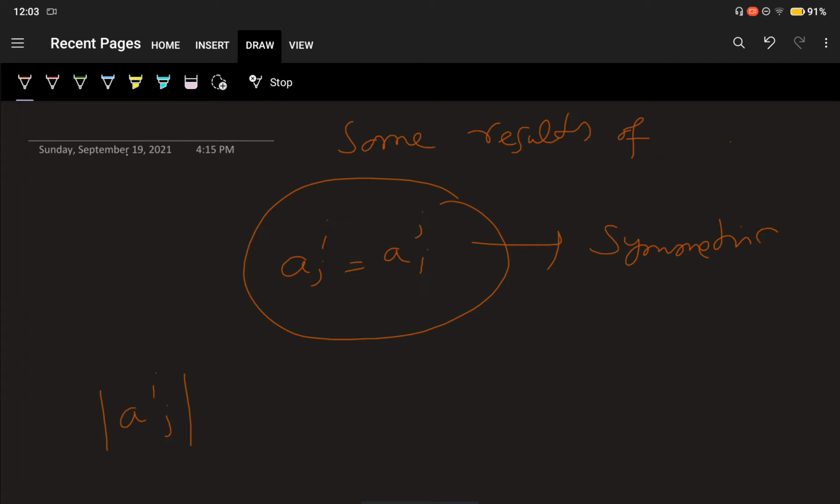And a_ij equal to minus a_ji, this is called skew symmetric.